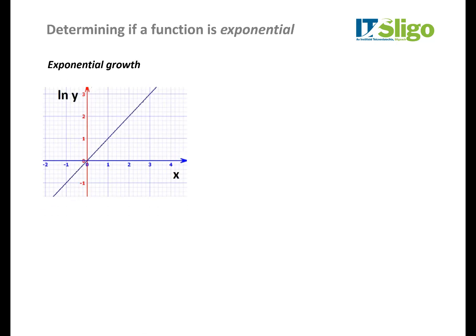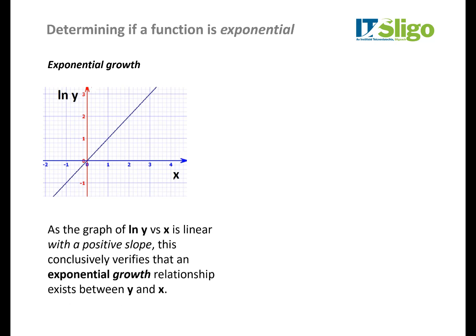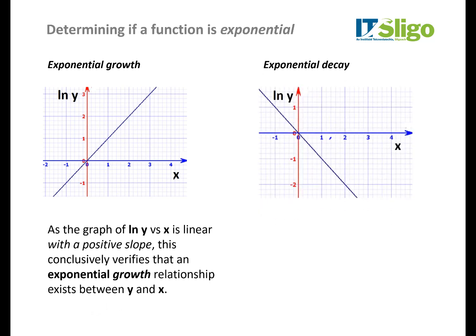So to determine if something is exponential growth, we could plot the natural log of our y values. That would be our new line on the table. Get the natural log of the y values and plot those versus the original x values. Similarly, for exponential decay, we again get a straight line, but it would be heading downwards.